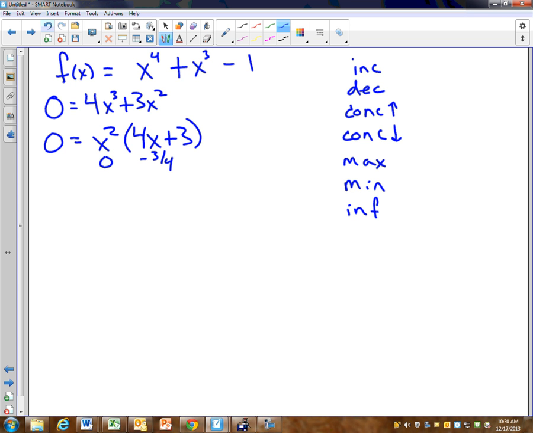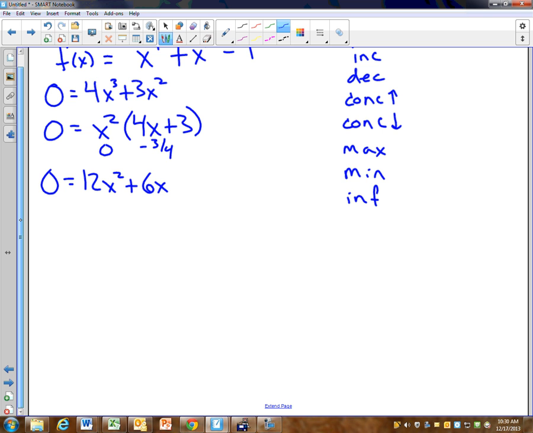Take the second derivative. Just to save space, I don't even write f double prime anymore. What do we have? Factor of 6x. So you've got 0 and... Okay. We found our critical points. You ready to go to work?